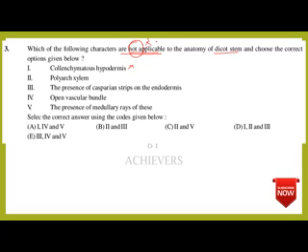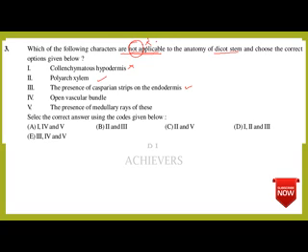Polyarch xylem, in the dicot stem you can find polyarch xylem. Next is the presence of Casparian strips on the endodermis. Yes, it is present on the endodermis.